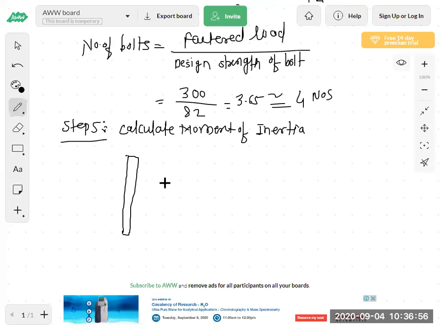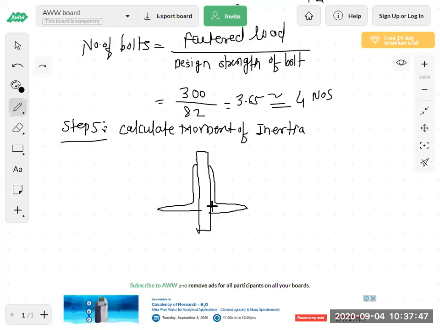So if we connect these two members like this, okay.